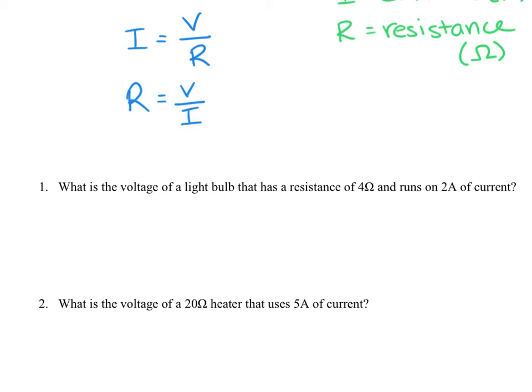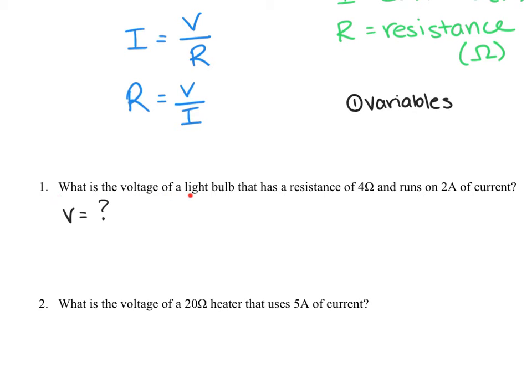The first step is always we list our variables. And I'll make a list over here. Let's list our variables. So we know voltage is what we're looking for. It says, what is the voltage? So that means our voltage is going to be unknown. So I'm just going to put a question mark in to hold its place.